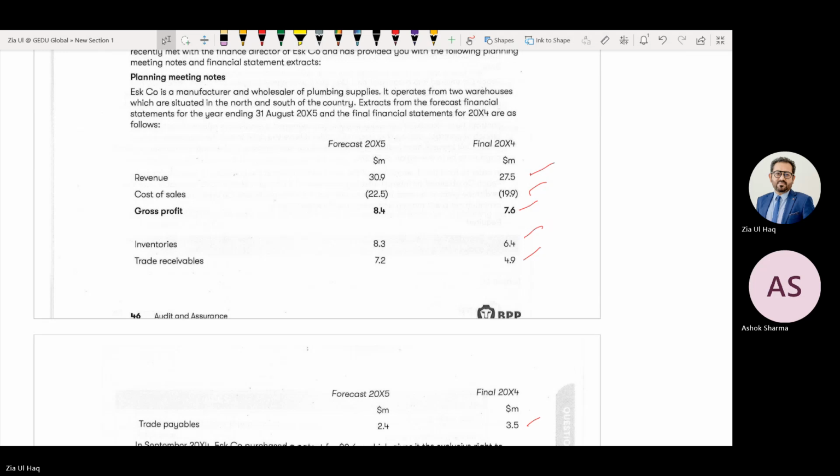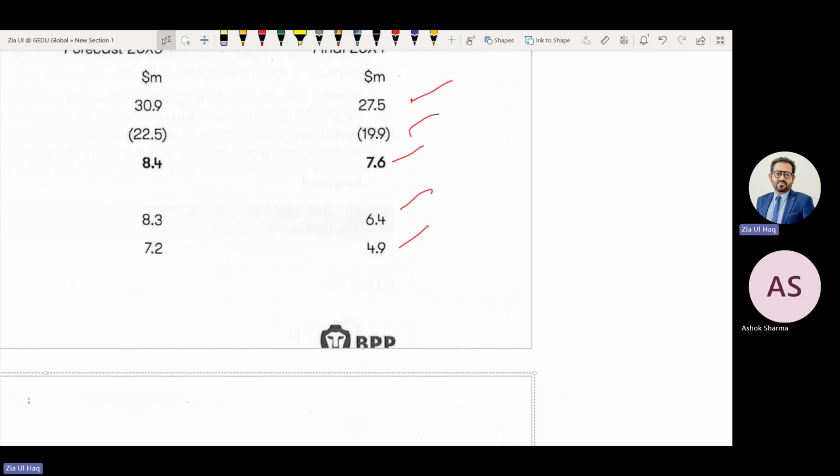There are more students who pass this paper either in the first attempt or the fourth attempt. There are very few students who pass this paper in the second or third attempt. More students pass either in the first attempt or fourth attempt, especially this paper. Not only this, PM as well.